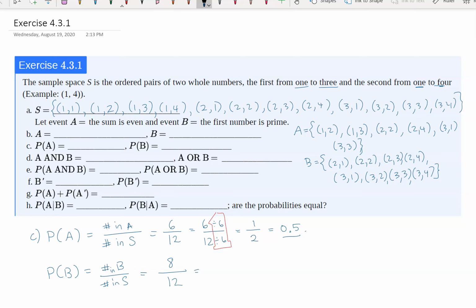And so we end up with 8 out of 12. But similarly, 8 and 12 have a common factor. We're going to divide by 4 on the top and the bottom. So 8 divided by 4 is 2. 12 divided by 4 is 3.